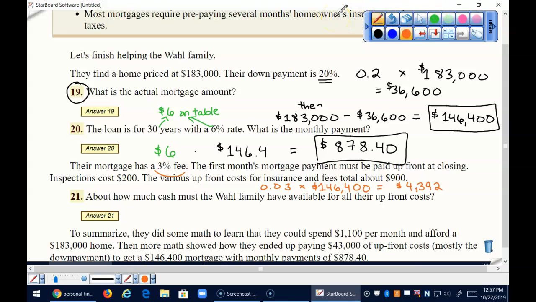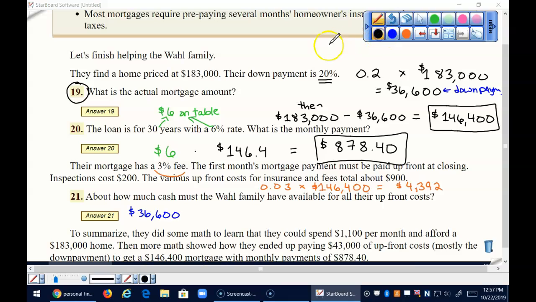Well, I'll use blue for this one. So the down payment was the 36,600.